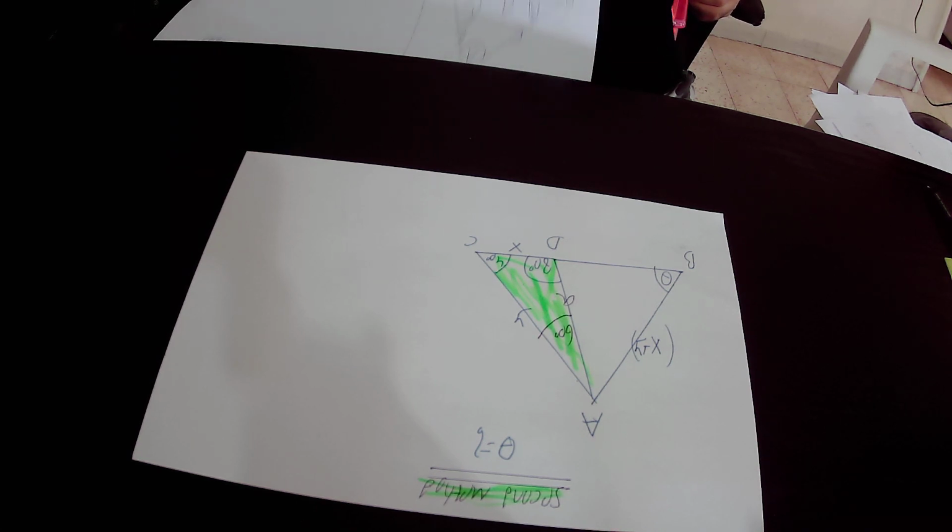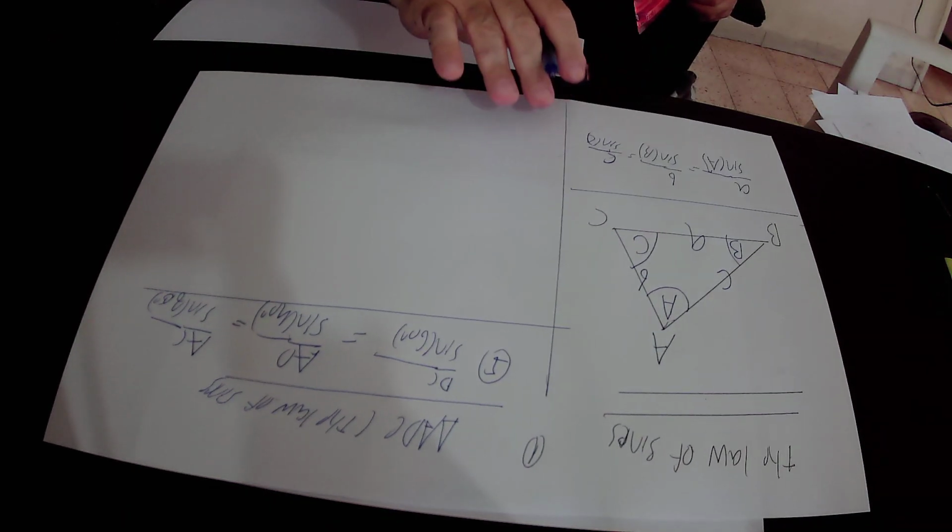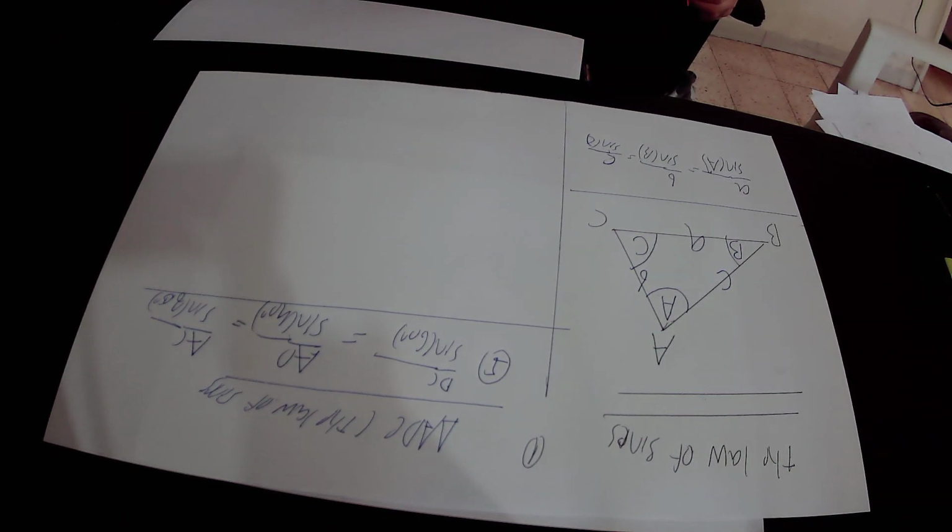So here, equation number 1 is the implementation of the law of sines in triangle ADC.